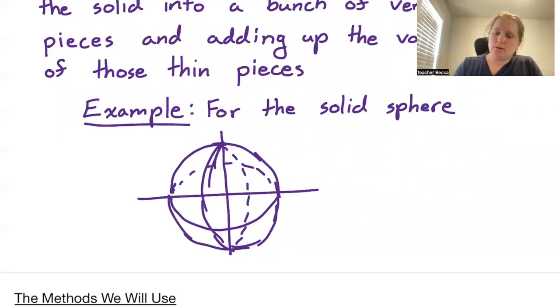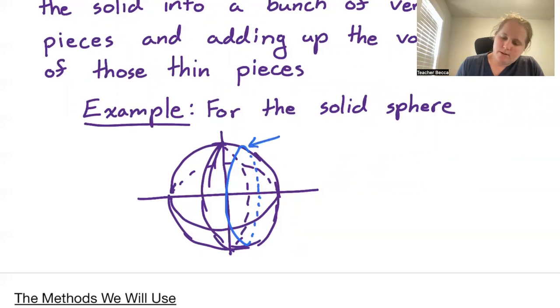And what we could do is we could essentially take a bunch of vertical slices across. So we could take a vertical slice across. And then give it just a very tiny thickness.